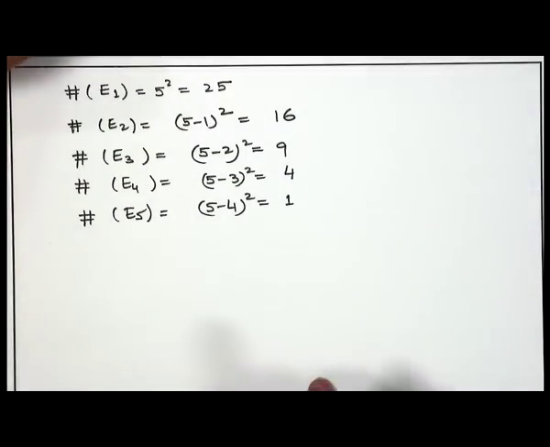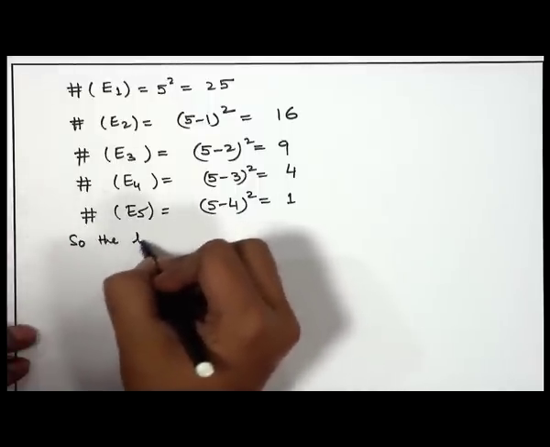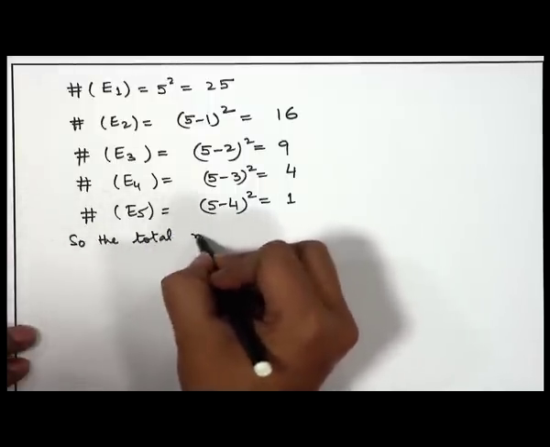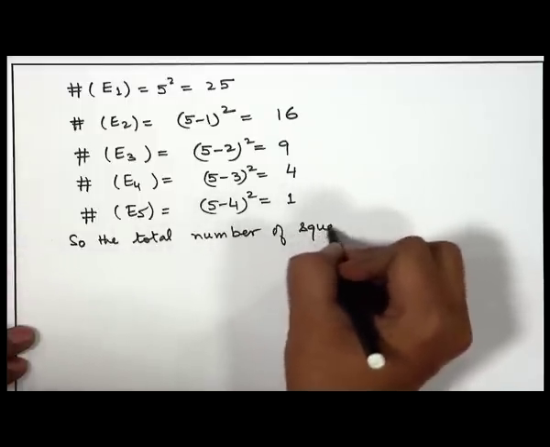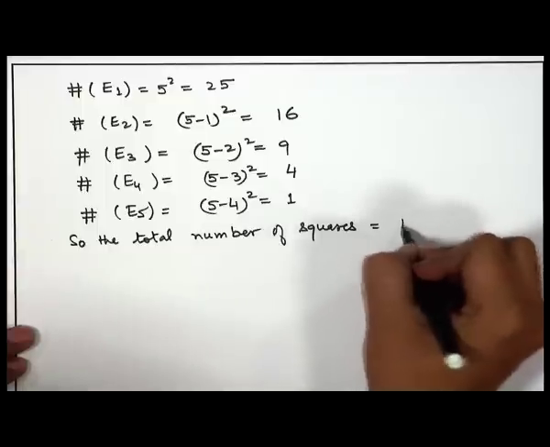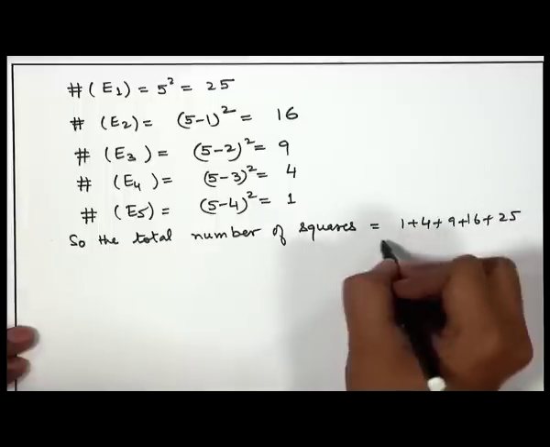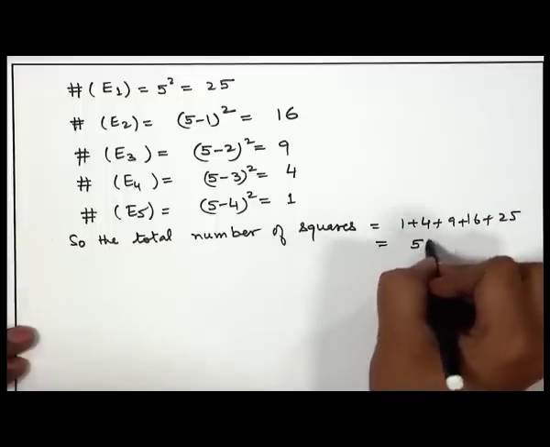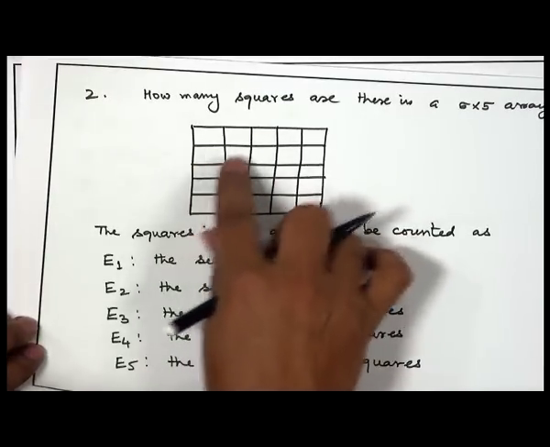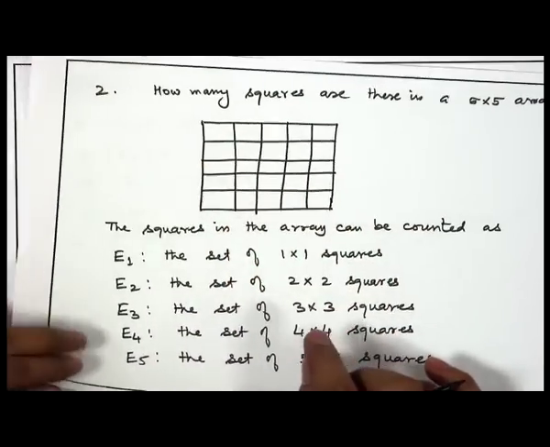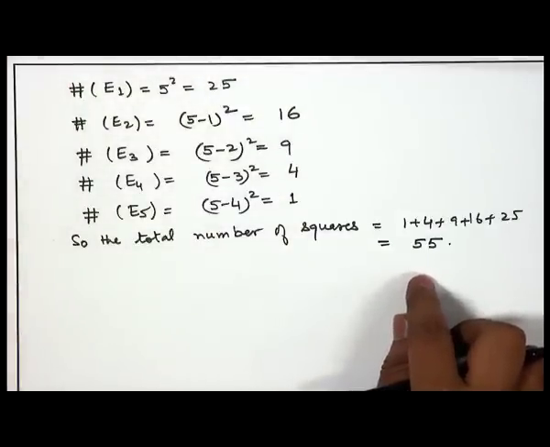So, the total number is then equal to 1 plus 4 plus 9 plus 16 plus 25, that is equal to 55. So, in a 5 by 5 array, if we consider all the nested square cells, then there are a total of 55 squares available.